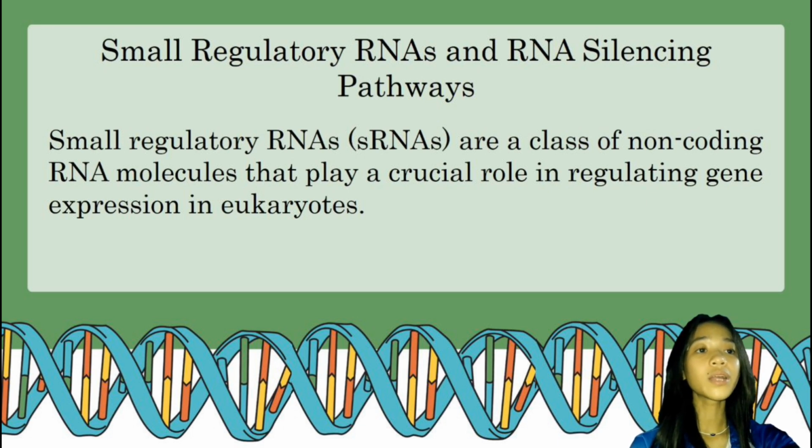Small regulatory RNAs are a class of non-coding RNA molecules that play a crucial role in regulating gene expression in eukaryotes. These molecules are typically 20 to 30 nucleotides in length and bind to a complementary sequence of messenger RNA, also known as mRNA, thereby silencing the expression of a target gene.